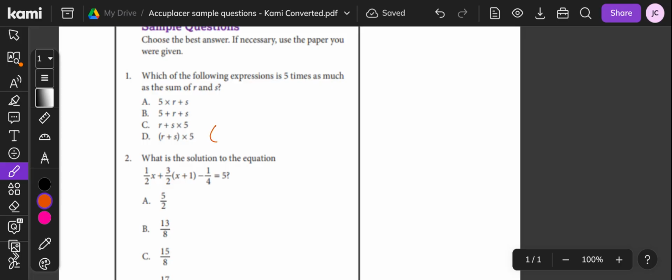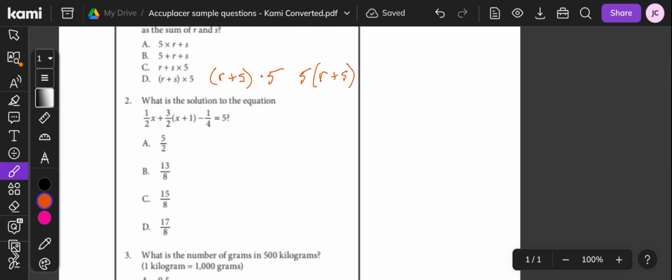That's R plus S. So I get the sum, and then I'm multiplying that by 5. So this is 5 times as much as that. A different way to write that is to put the 5 in front and say 5 times R plus S, like that. Either way is okay.